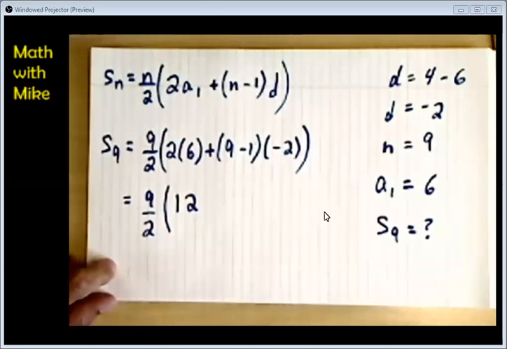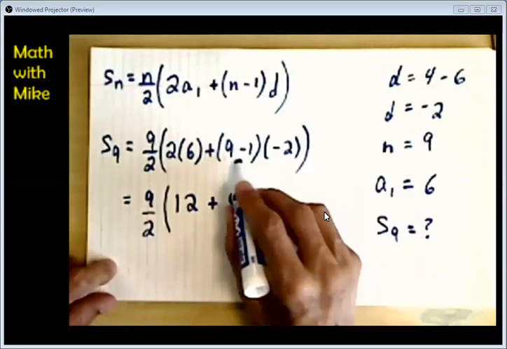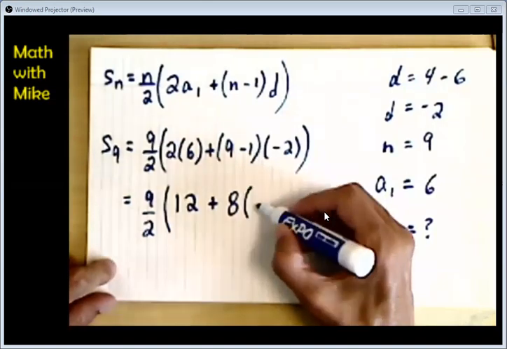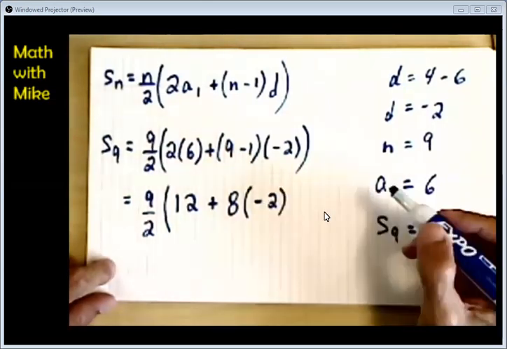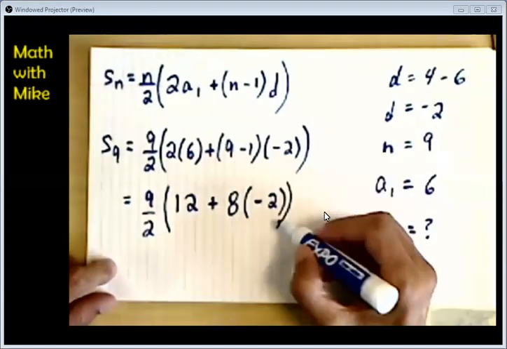Plus 8 there. And then it's 8 times, because those brackets are side by side. So I'm going to write 8 times minus 2 like that. You can drop the brackets if it's positive and if you're careful.